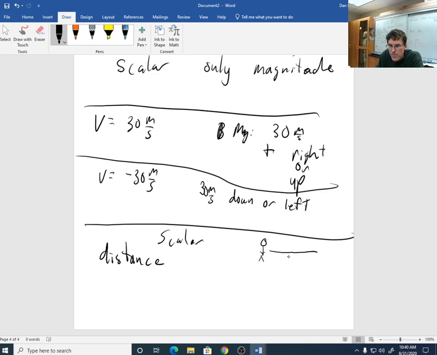They go this way, 10 meters, and I ask, what is the distance? So here's scenario 1, 10 meters. That would be the distance. We'll do a vector quantity now. How about displacement, or delta x?